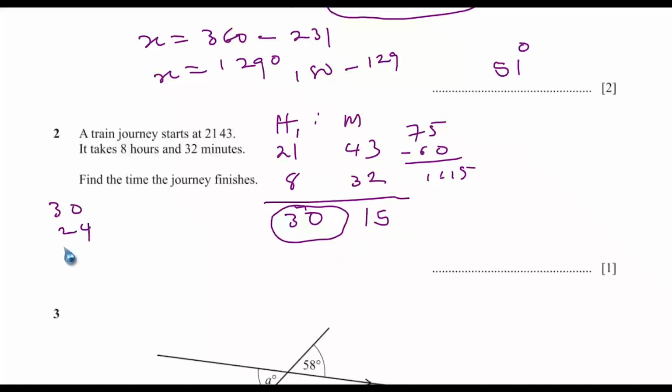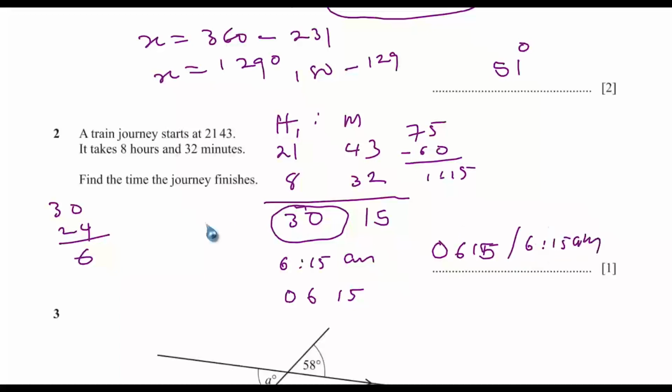That will give you 6 hours. So that means you have 6:15 a.m. or in 24-hour time it will be 0615. You can either put 0615 or 6:15 a.m. That is the following day.